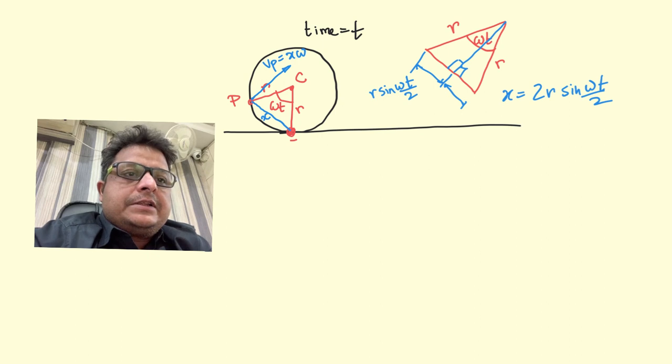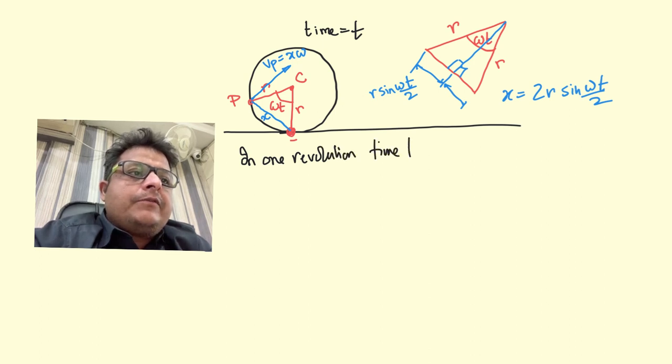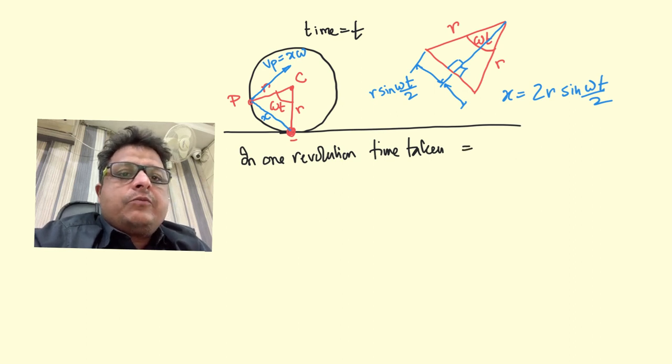So what is the distance? In one revolution, the time taken is equal to how much? It will rotate 2 pi. That means the point P, as it starts from here, will move here, and as it moves along, point P will return to this lowest position, right?